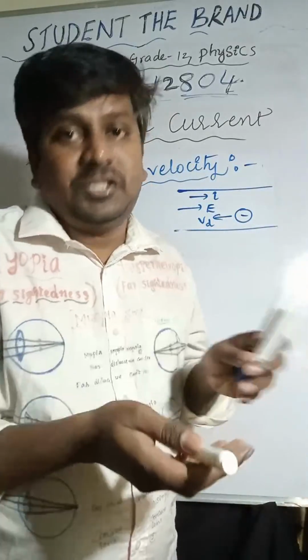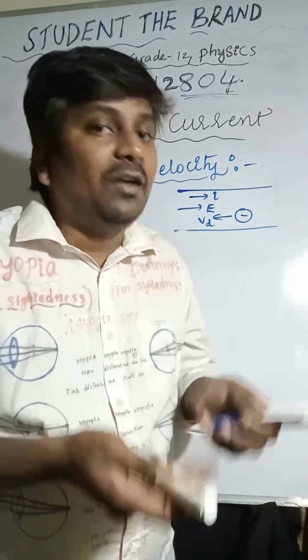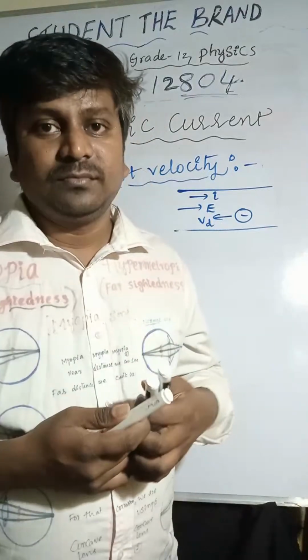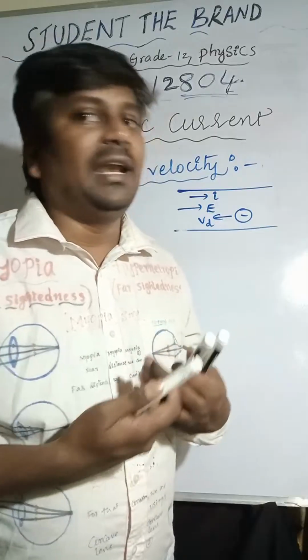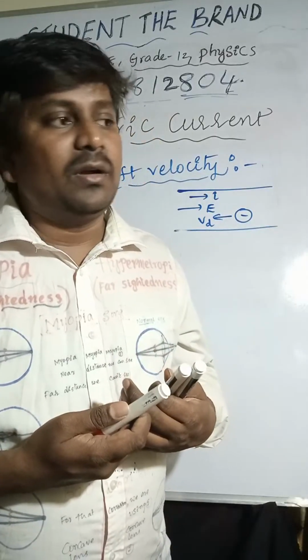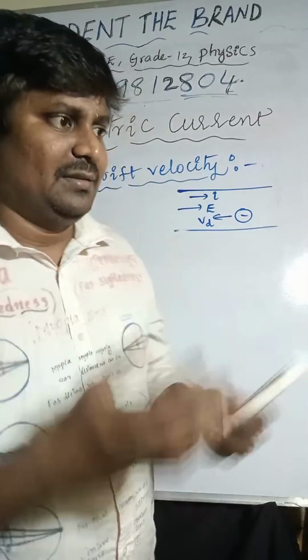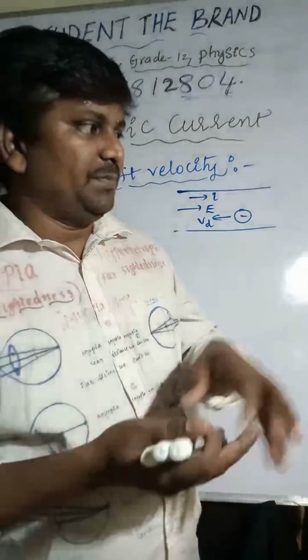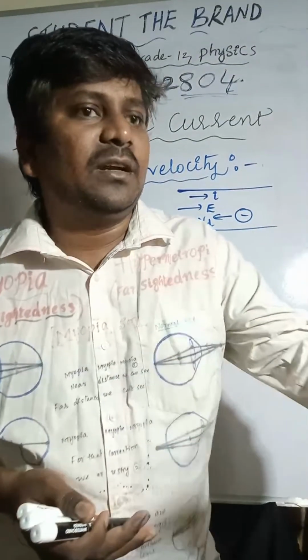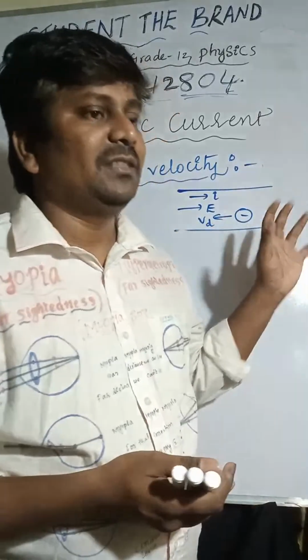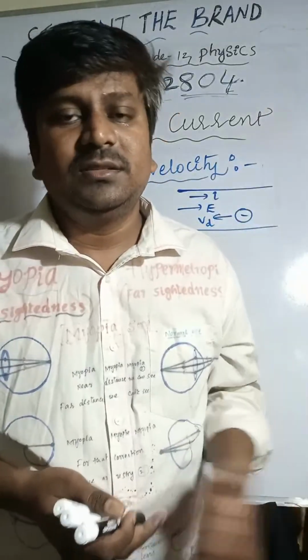Now, the average velocity of an electron moving in the conductor. Like in the class, one person got 20 marks, another 30, another 60, another 70.